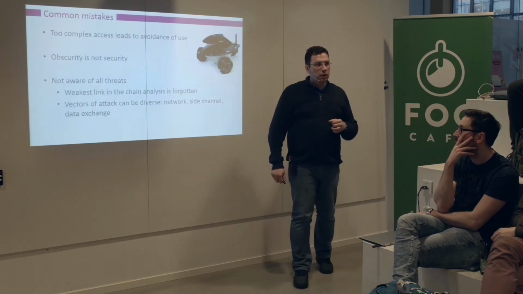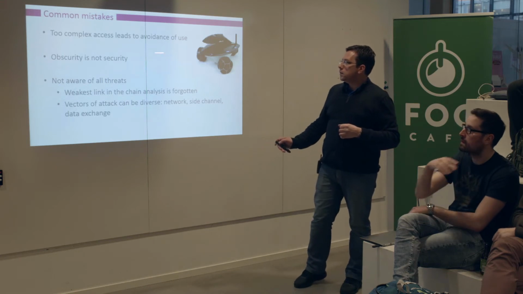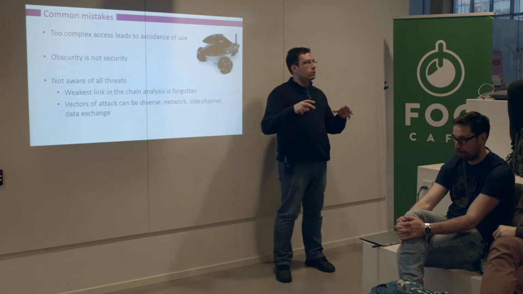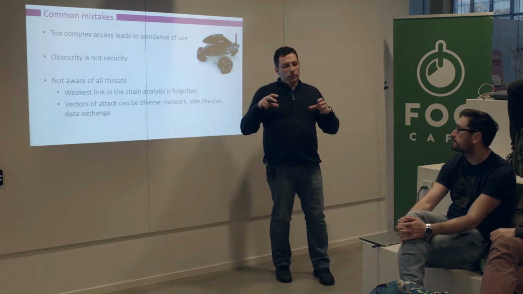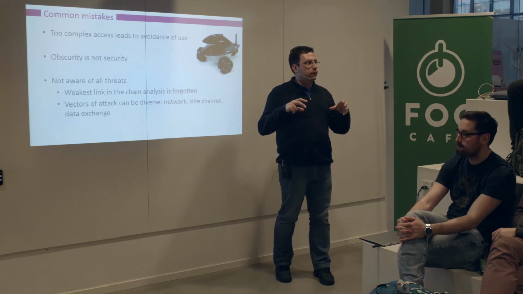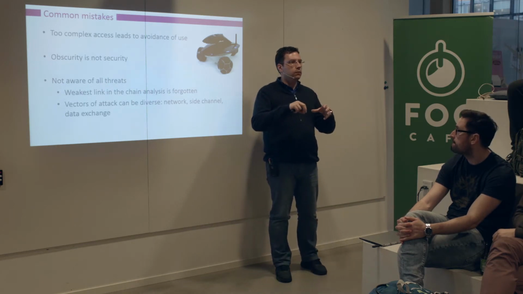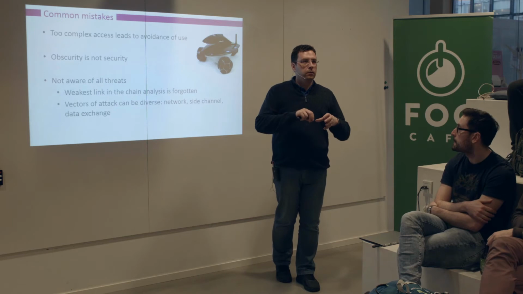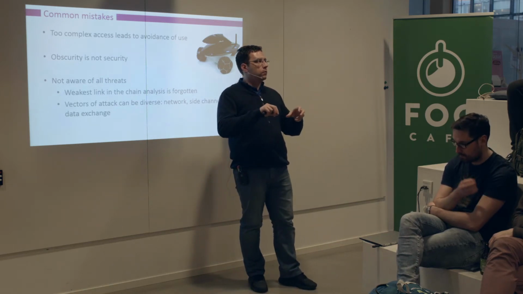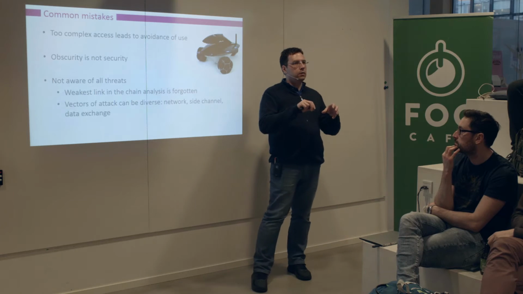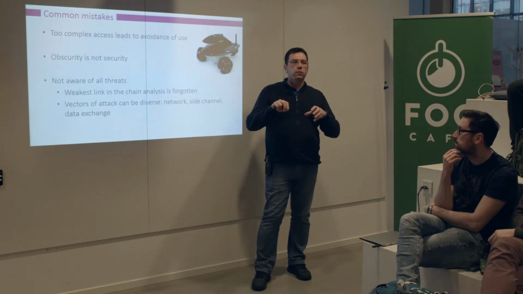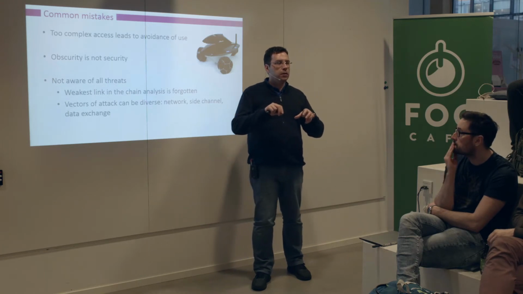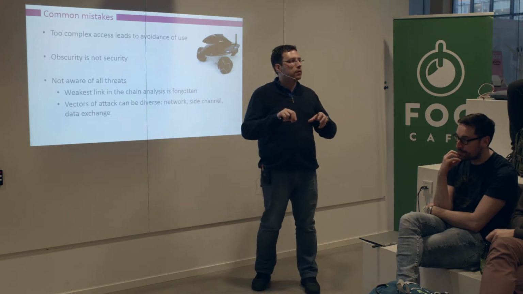What are the common mistakes that I have seen in the past? It is sometimes if the security is too complex, or it is extremely complex to gain access to a security, then, for example, if you have a box and you have to lock 12 locks in order to gain access to a secret, and you have to do it like 3 times a day, at the beginning you might not be so lazy and you will lock all the 12 locks, but as the time goes you will lock only 1 lock, which means that if the security mechanisms are so complex, then you will not use the full set of mechanisms, but you will start using only a subset of those mechanisms, which is significantly lowering the security.